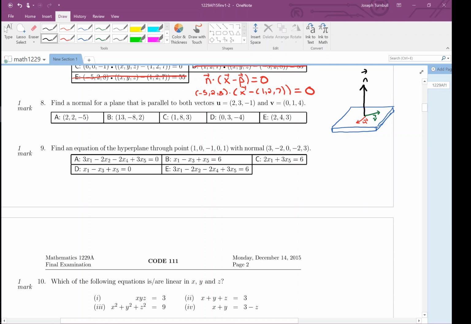And the interesting thing is that if the plane contains, or is at least parallel to the vectors u and v, then it means that the normal vector for the plane has to be perpendicular to u and v.